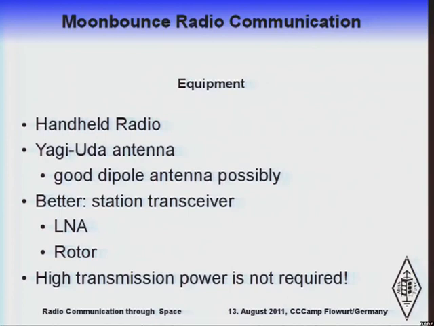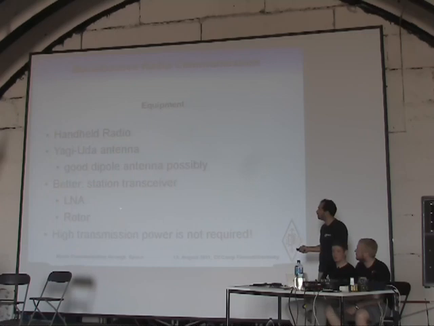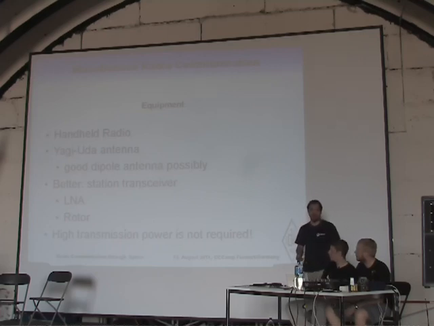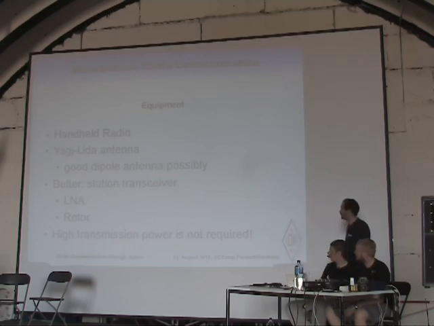Of course, you can do with more power, more money, and you can have a station transceiver, low noise amplifier as we had before to get stronger signals. You can put your antenna on a rotor and turn your antenna from your warm home, not to get out in the winter or something like that.